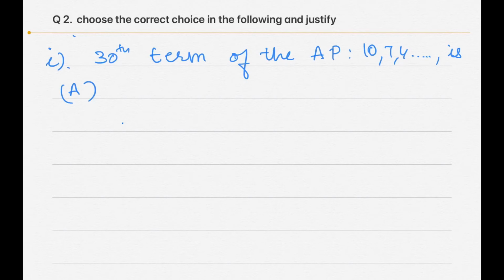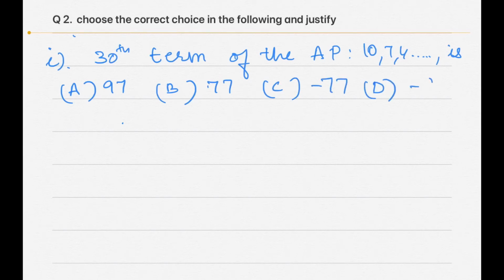So A option is 97, B option is 77, C option is minus 77 and D option is minus 87, right? Okay, so these are my 4 options.